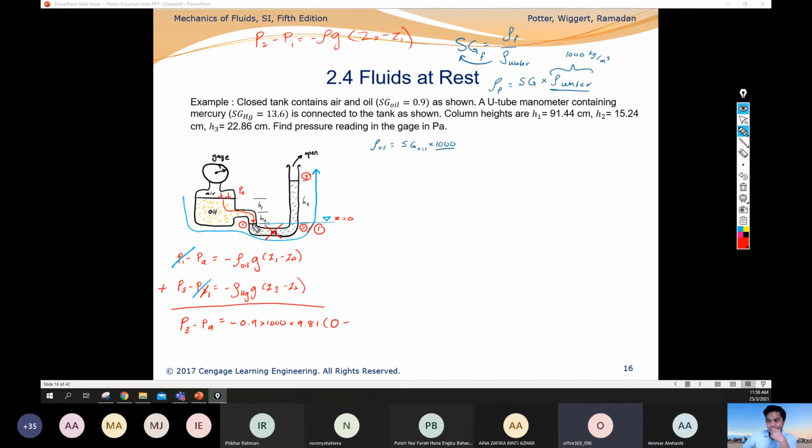Between 1 and 2, right? Okay, so Z1 is at point 1, and point 1 is on the reference line. So if Z1 is on the reference, it is 0.